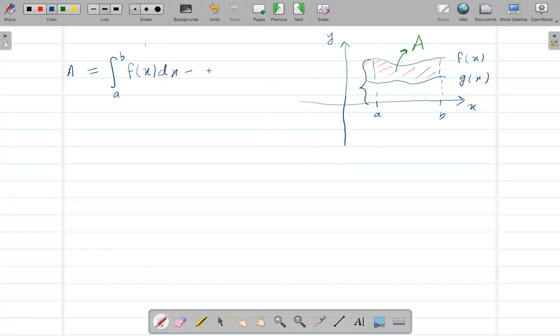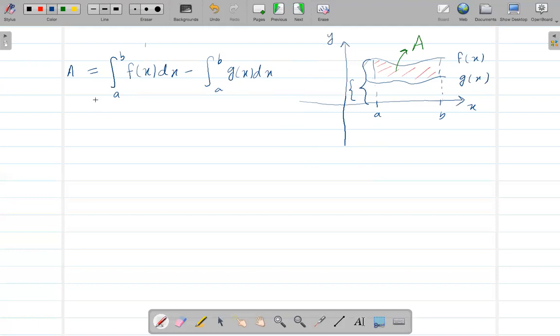Now subtract this whole area by this area, which will be, again from A to B, the integral of g of x dx. The whole thing minus this thing will give the area between these two functions on the interval A to B.